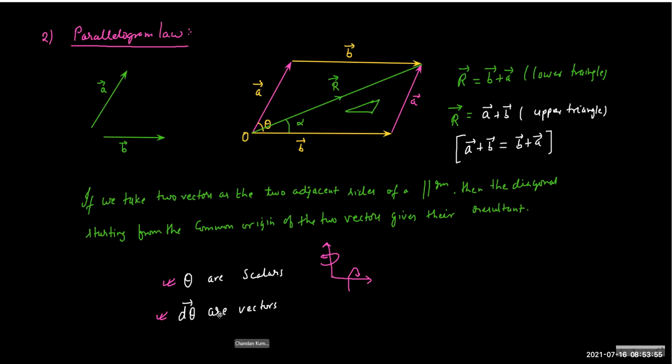Now what we can see, and I hope you have understood this part, is that elementary angles are following the commutative law. So we can say this follows the commutative law of vector addition.